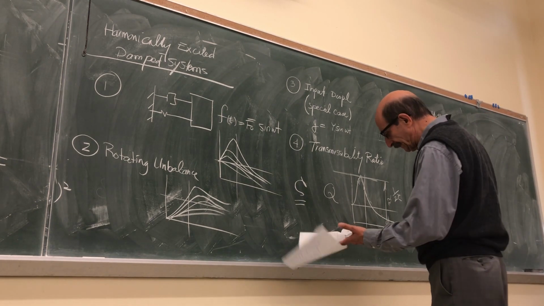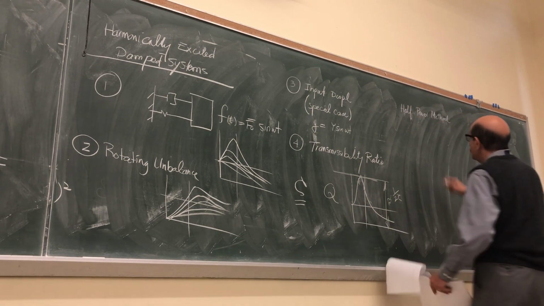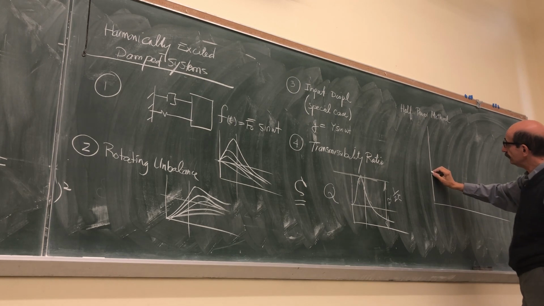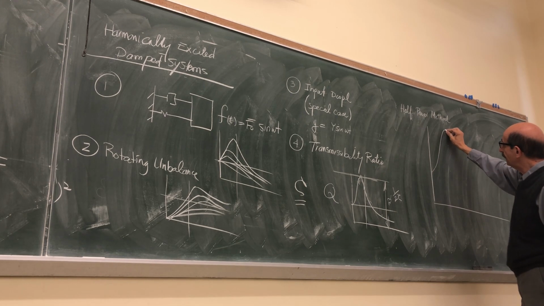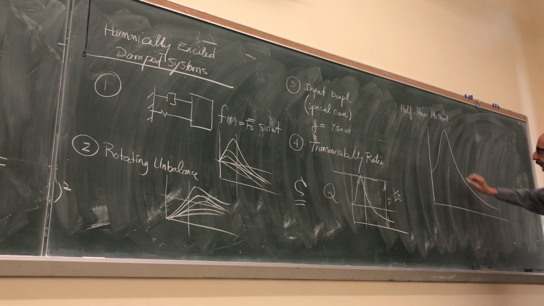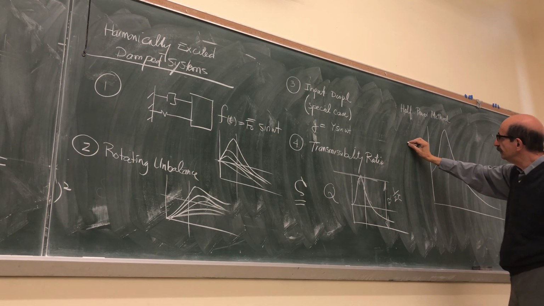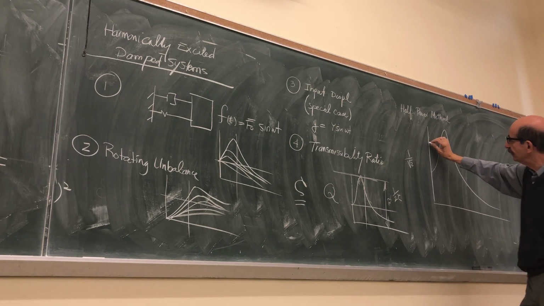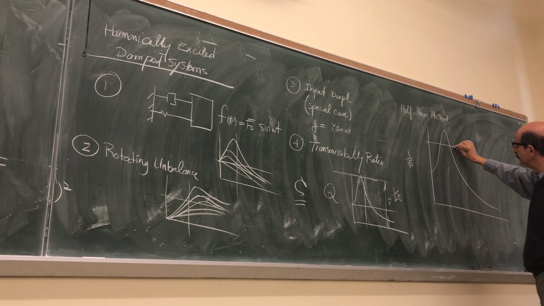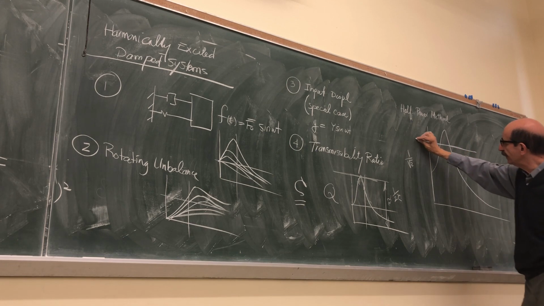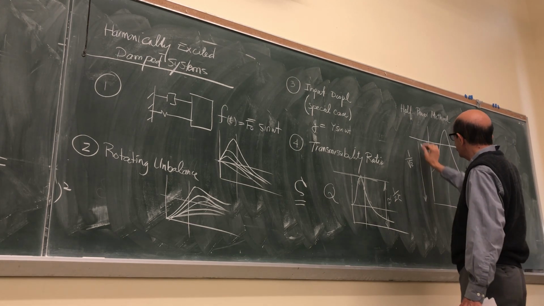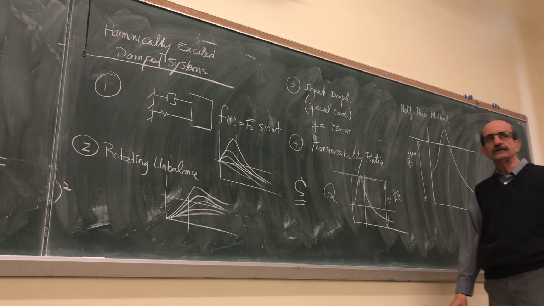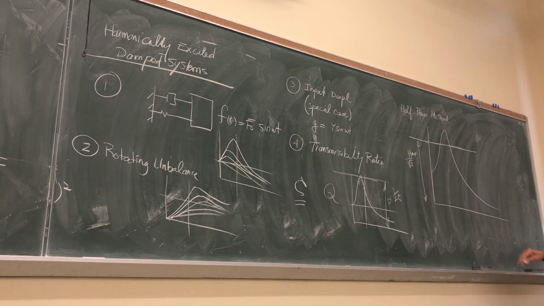We say, okay, let's find the value of this at 1/√2 of the peak. Let's say this line represents 1/√2 of H max, okay?